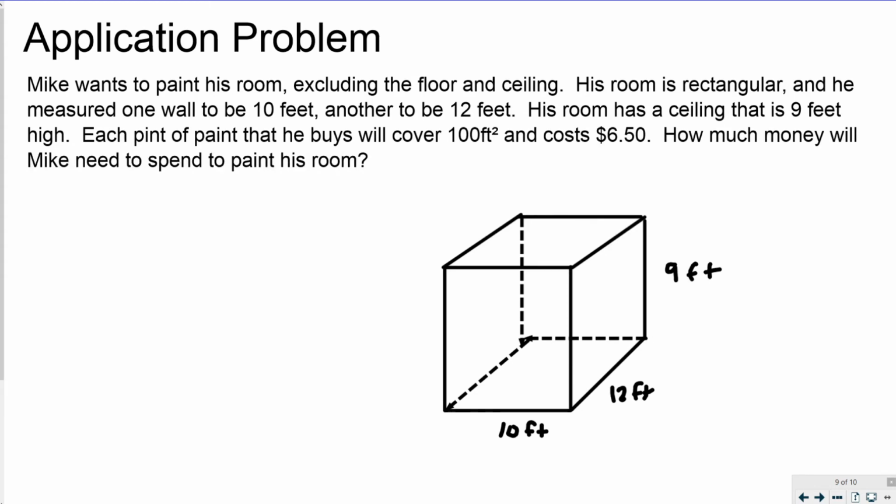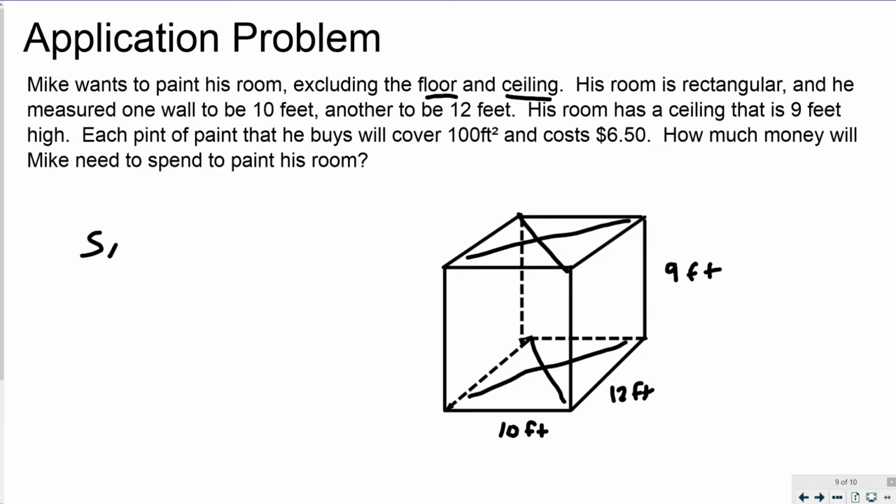We do not need to calculate the surface area of the top or the bottom because it says he is not going to paint his floor and ceiling. So we need to calculate the surface area of the walls. To do that, we're going to use the 9-foot height and the length, and the 9-foot height and the width.